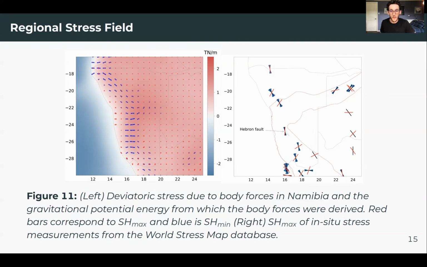So it seems likely that the NAM shear zone that I discussed earlier was an older structure that was favorably oriented to be reactivated given the current stress regime that we're observing here.